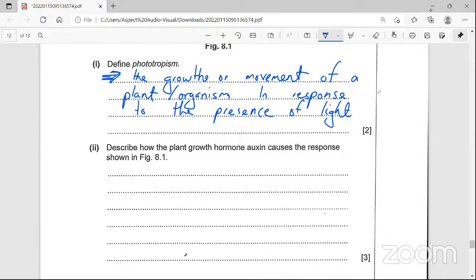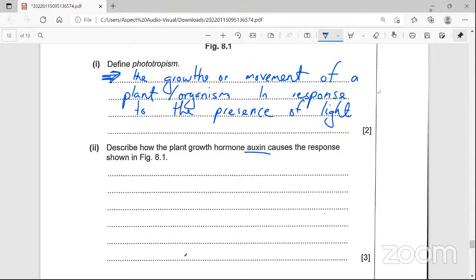Right. So as we're waiting for those guys to copy down, we move on to the part to describe how the plant growth hormone auxin causes the response shown in figure 8.1. What is an auxin? Yes. So answer this question.